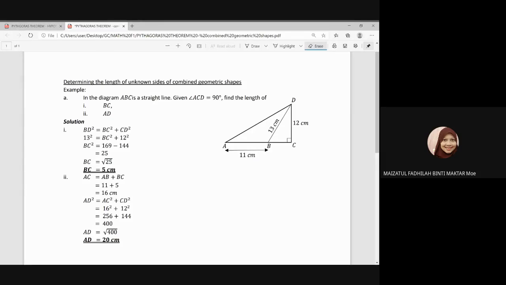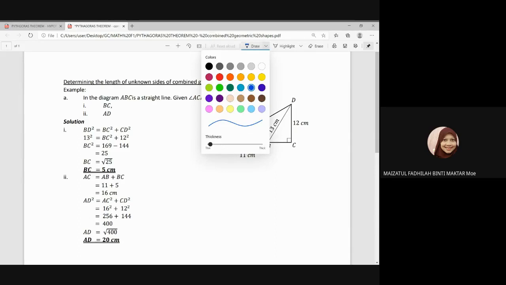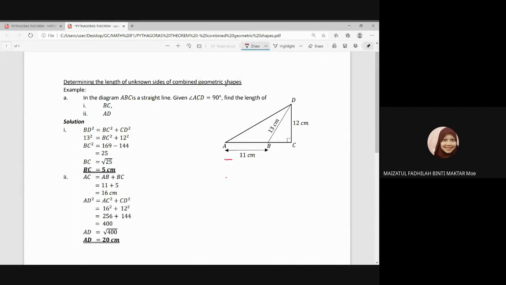From this question, EBC is a straight line. Given ACD is 90 degrees, so we know ACD is a right angle triangle. Find the length of BC and AD. Now we want to find the value of BC first.